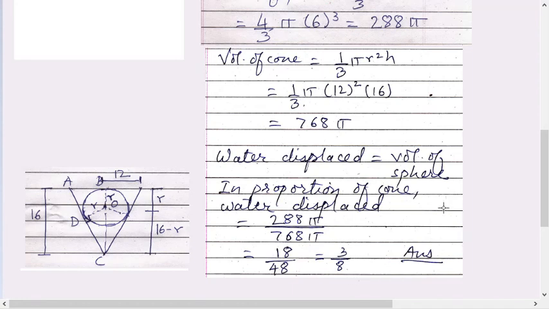So what proportion of water is displaced? It is 3 upon 8. This much water is displaced. It actually means the proportion of the volume of the sphere to that of the cone is 3 upon 8. That's why 3 upon 8 water is displaced. Okay. So that is the answer. 3 upon 8 is the answer.